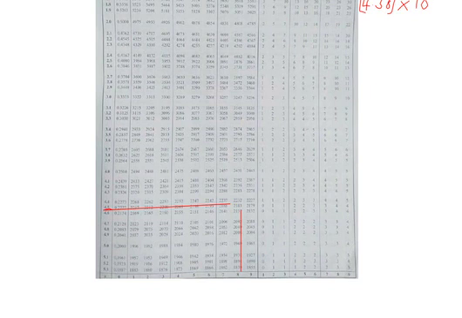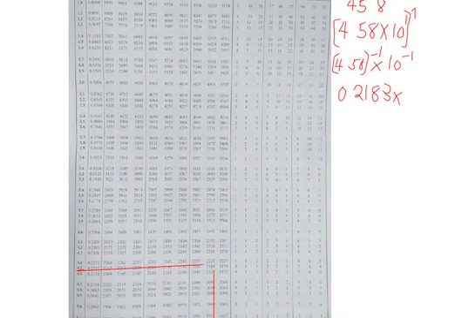So it's supposed to be written as 0.2183. Then we multiply this by 10 power -1, which will give us 0.02183.